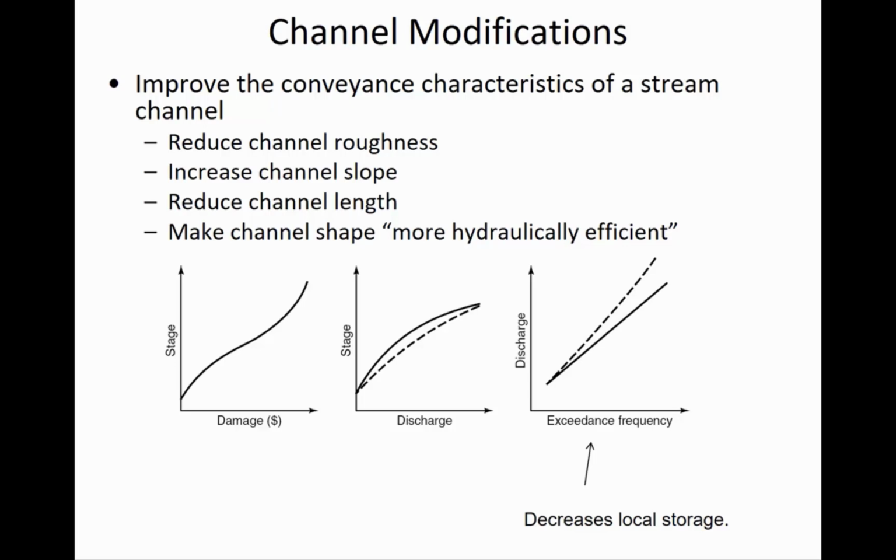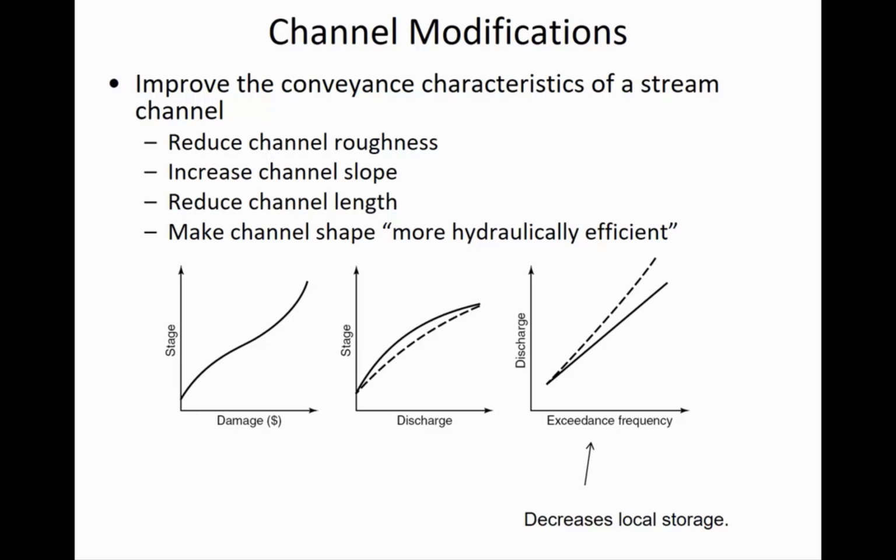If your stage is lower, then for a certain storm, there's going to be less damage. On the other hand, the negative thing that it does is it increases the amount of discharge that you're going to see for a certain exceedance frequency, because the water's making its way through the channel more quickly.